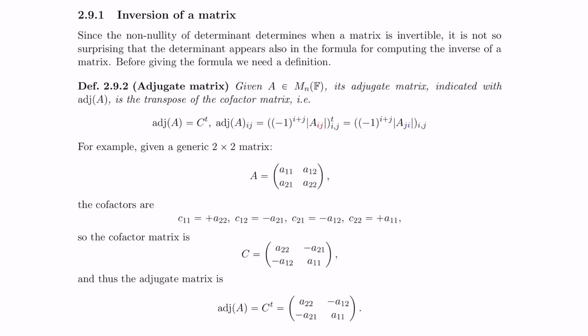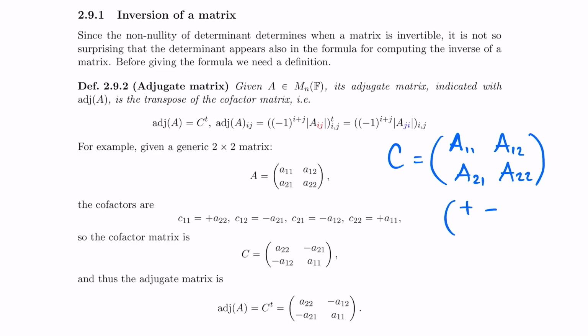To build the cofactor matrix C, we need all the minors of A, so this one, this one, this one, and this one, multiplied by the signs that are contained in this matrix here that we have already seen. And so here we have plus, minus, minus, and plus.